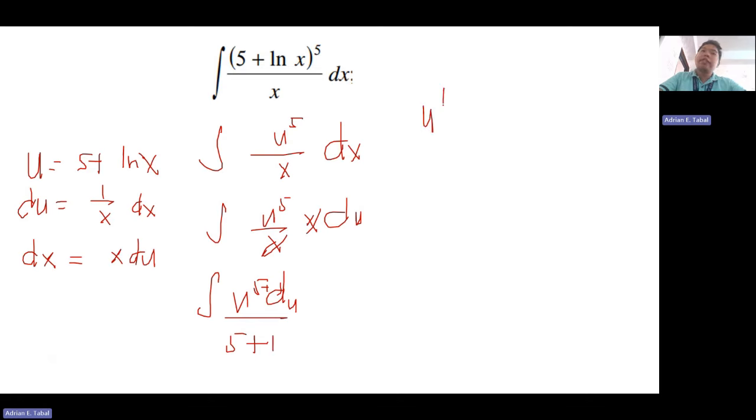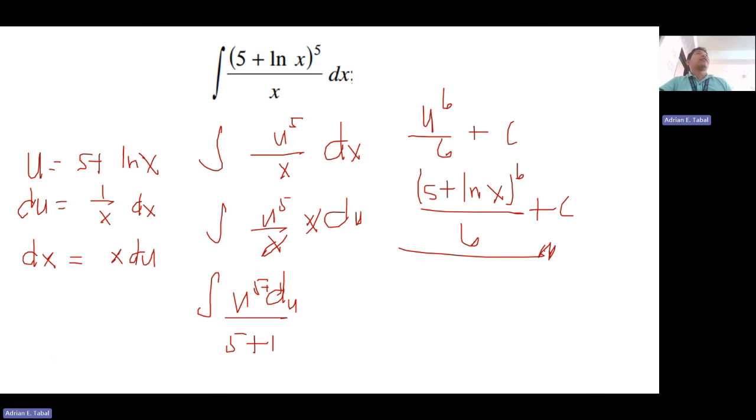So we have u6 over 6 plus c. After that, find the value of u. So the value of our u is 5 plus ln x, the natural log, raised to 6 over 6 plus c. That is how you find your integral.